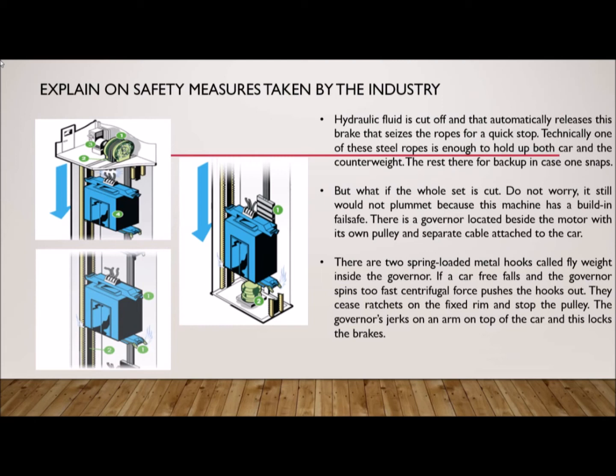There are two spring-loaded metal hooks called flyweights inside the governor. If the car free falls and the governor spins too fast, centrifugal force pushes the hooks out. And this is when it snaps and the brake on the bottom of the car automatically functions.